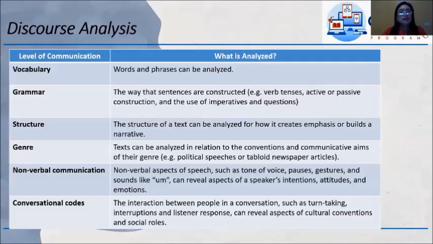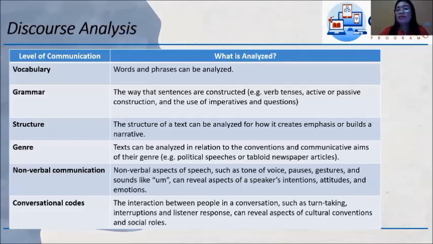Now, I have here the level of communication in discourse analysis and what is analyzed. Okay. So in discourse analysis, as I said a while ago, we have vocabulary. Now, what is analyzed in vocabulary? Words and phrases can be analyzed. For grammar, the way that sentences are constructed.